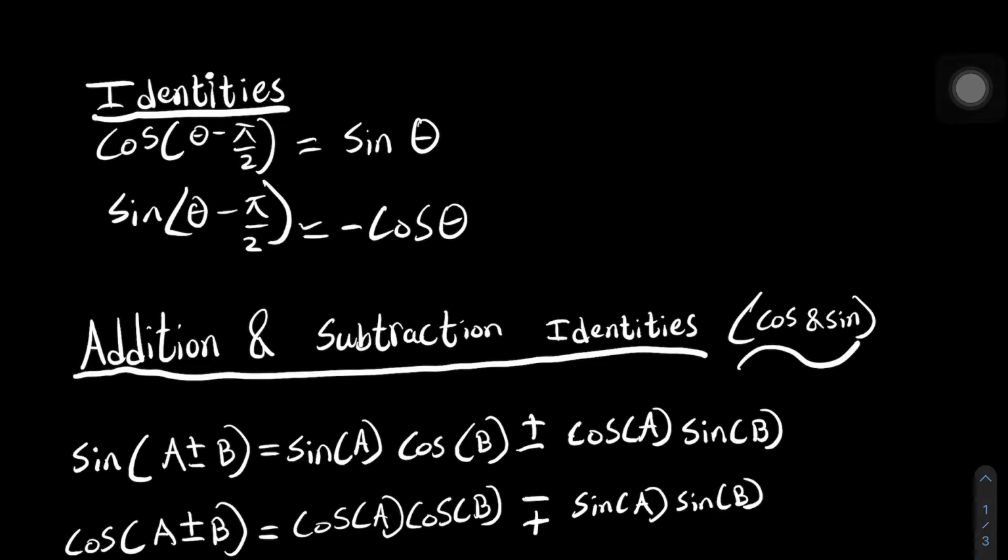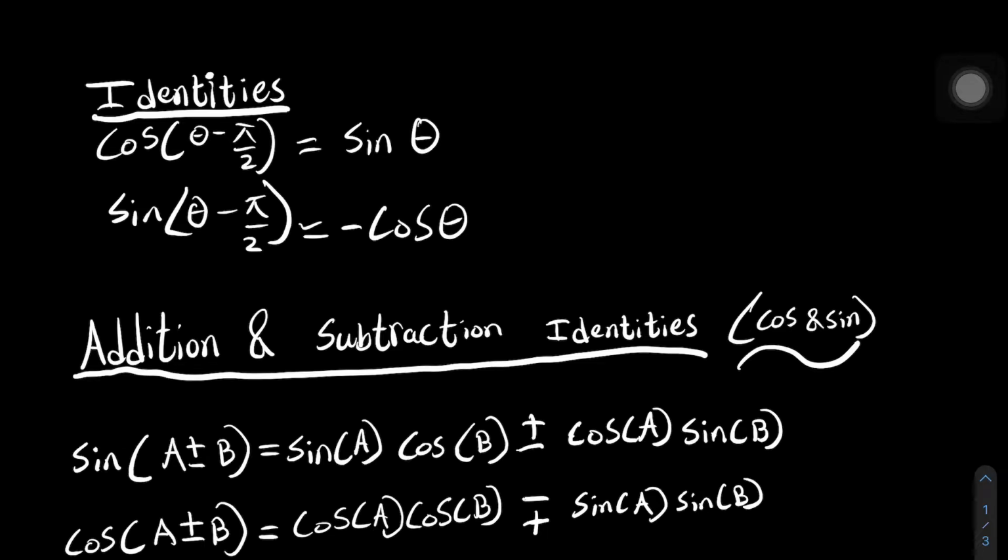You may be wondering, why does it say plus or minus in the parentheses at the beginning, and then it says minus or plus? This just means that whenever you see a plus in the parentheses, you're going to have a minus in the equation. But if you see a minus in the parentheses, there will be a plus in the equation. Whenever there's a plus in the parentheses, it is a sum, and that goes for both sine and cosine.